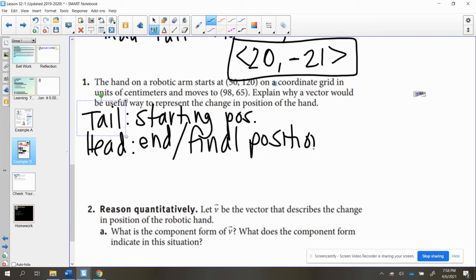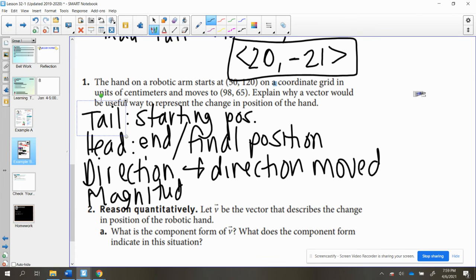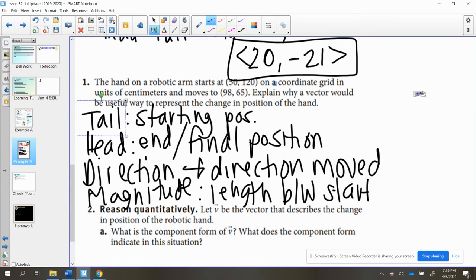And then when we talk about the movement, remember your direction is considered the direction moved, quite literally. While if they ask us to find the magnitude, that's going to be the length between your starting and your final point, right? So again, that's length.